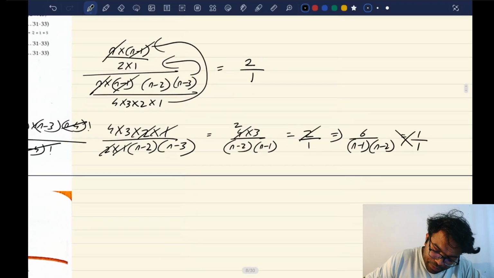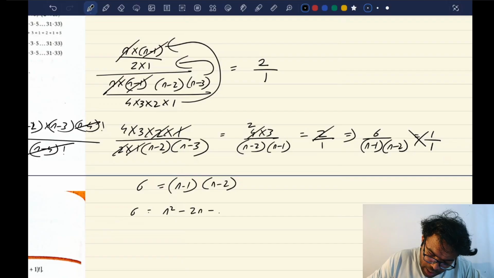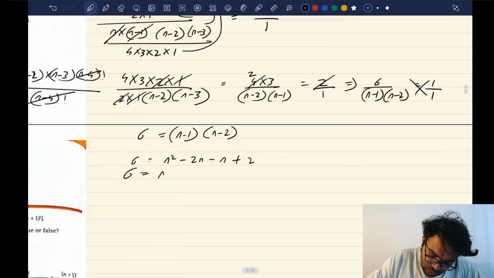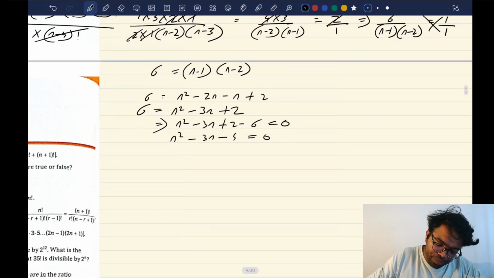Cross multiply. What do you get? 6 is equal to n minus 1 into n minus 2. 6 is equal to n square minus 2n minus n plus 2. 6 is equal to n square minus 3n plus 2. So n square minus 3n plus 2 minus 6 is equal to 0. n square minus 3n minus 4 is equal to 0.